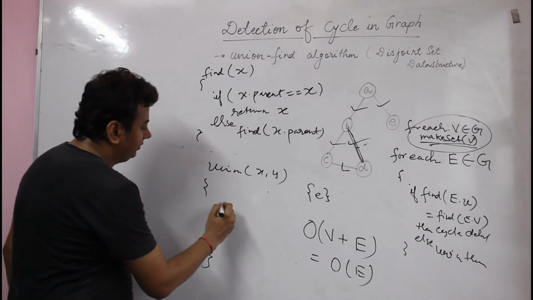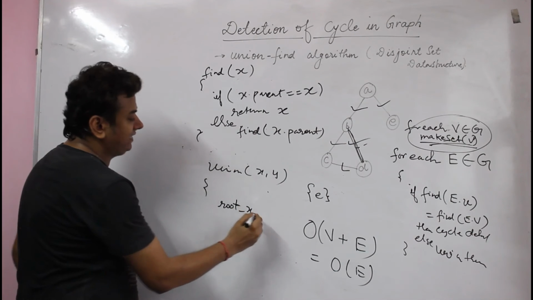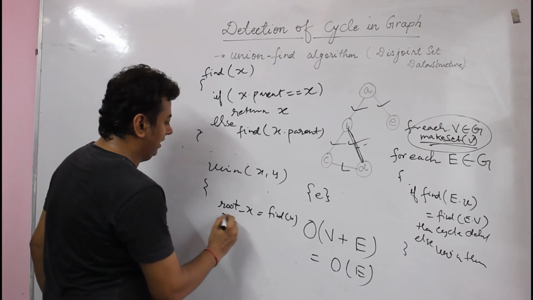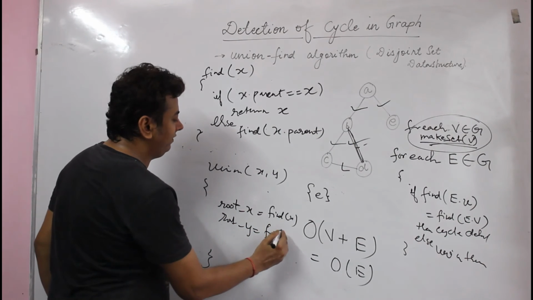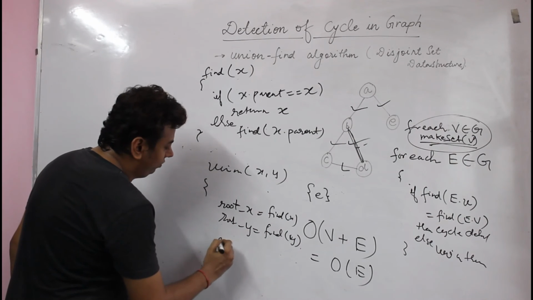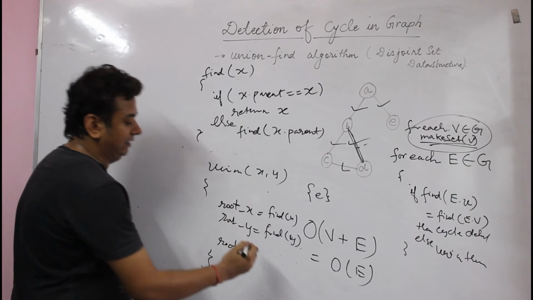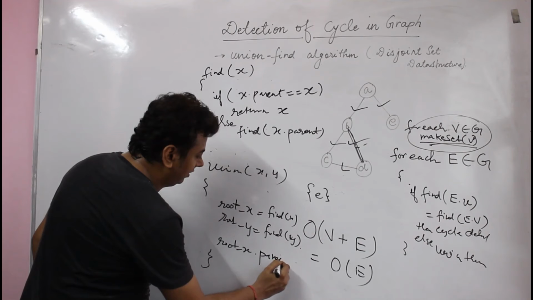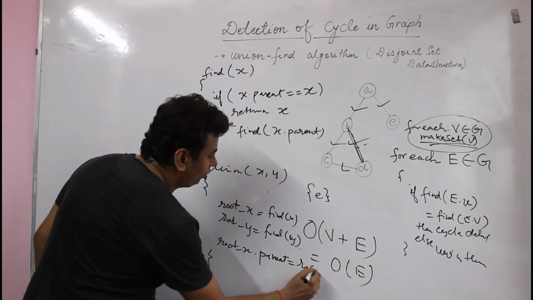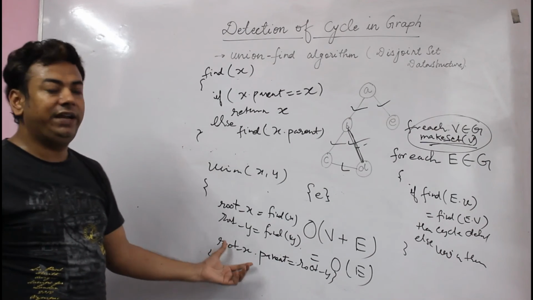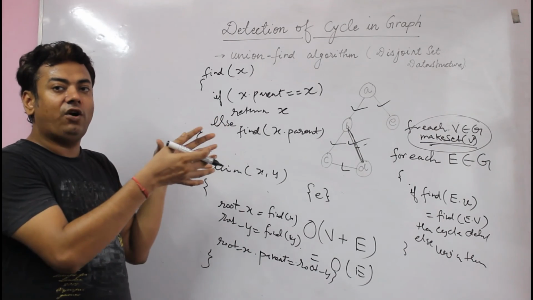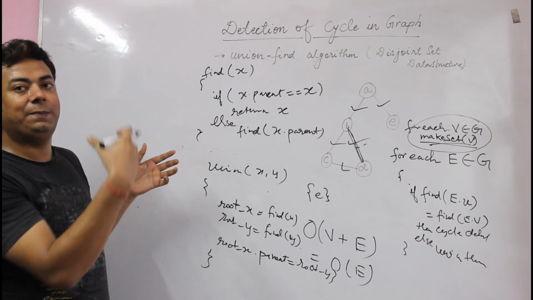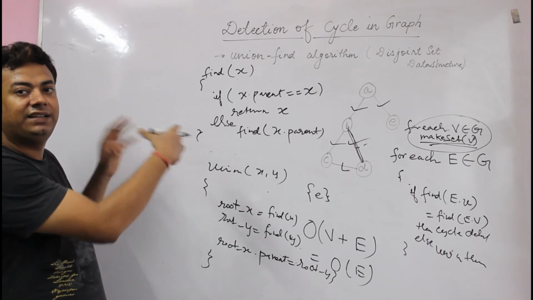We will find the root of x, which will be find of x, and the root of y, which will be find of y. Then root of x dot parent will be root of y. Basically, we are assigning the parent of this set to this new node.